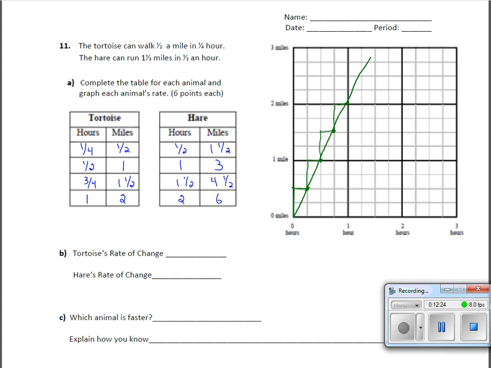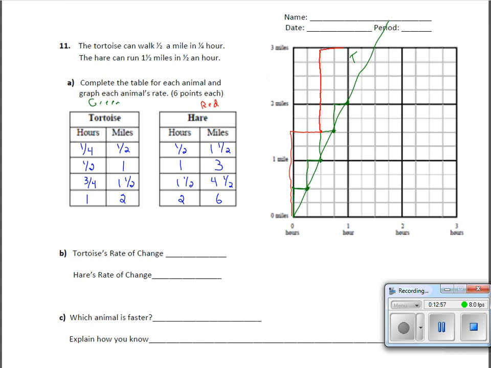I'm going to switch and use the red for the hare and green for the tortoise. We'll name this the T. Now for the hare, I'm going to go up 1.5 to a half, and then up another 1.5 to a half.